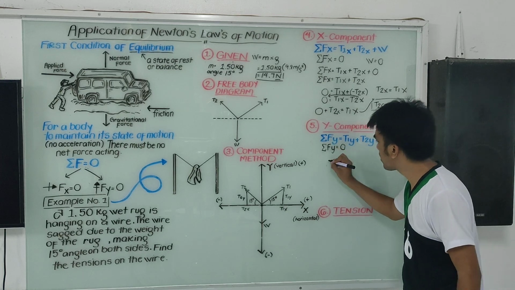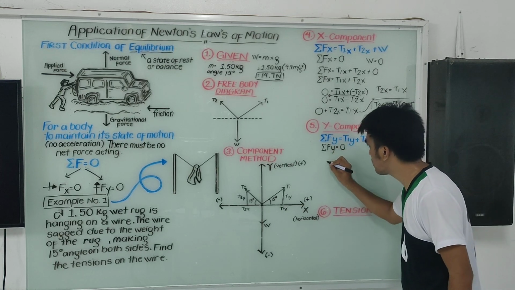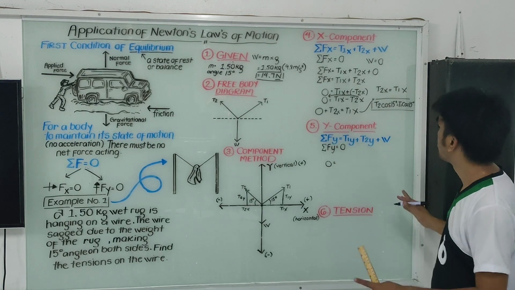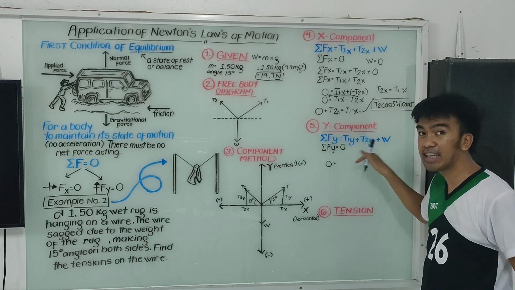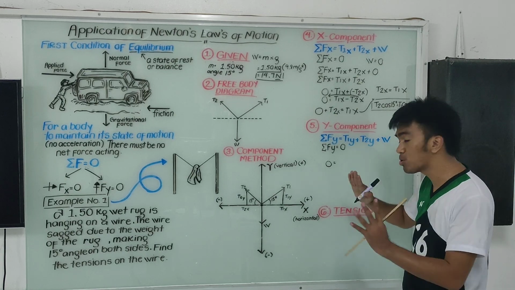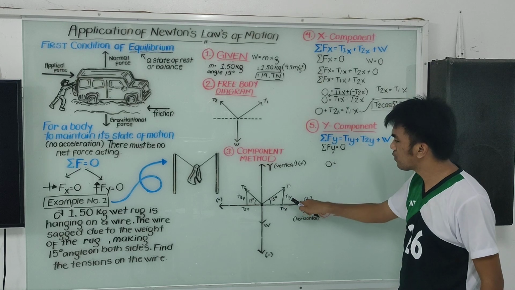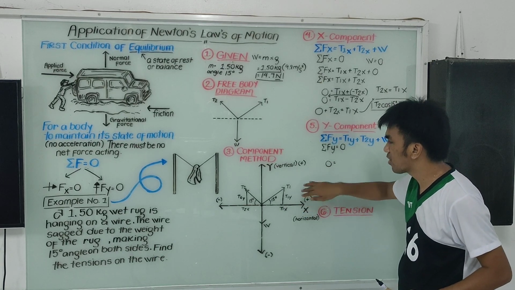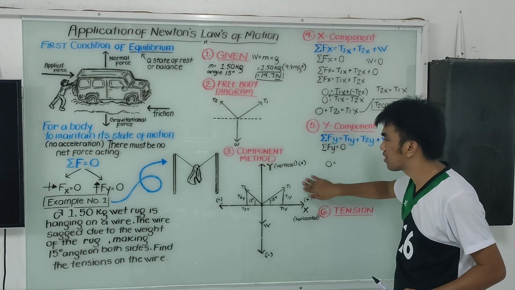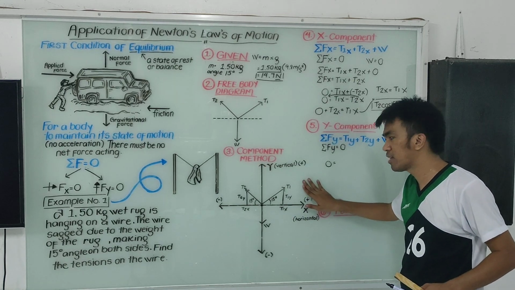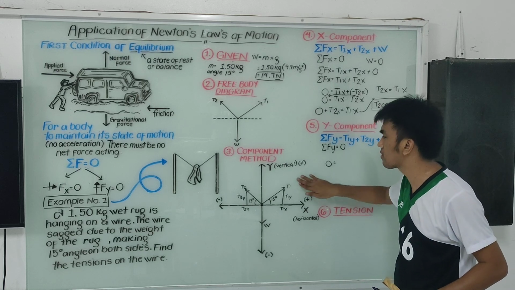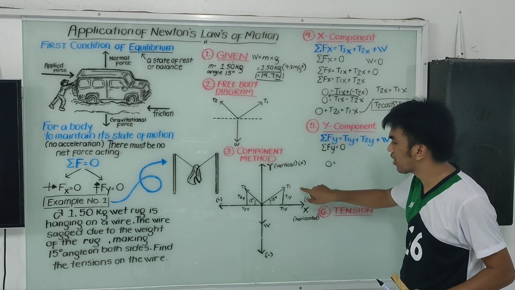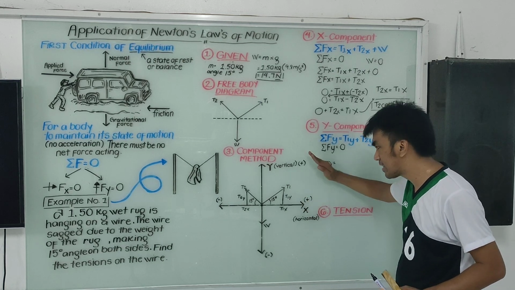So let us now substitute. Summation of Fy, just like what I mentioned, is 0, is equal to, what are we going to do? So let us identify their signs muna. What is T1y? T1y is positive because it is located in the upper part of the Cartesian plane. In the first quadrant, y here is positive because it's on the upper side.